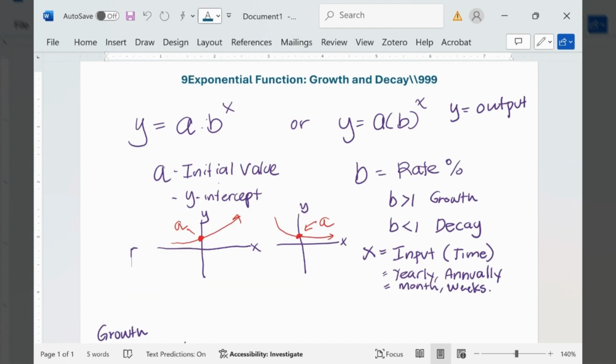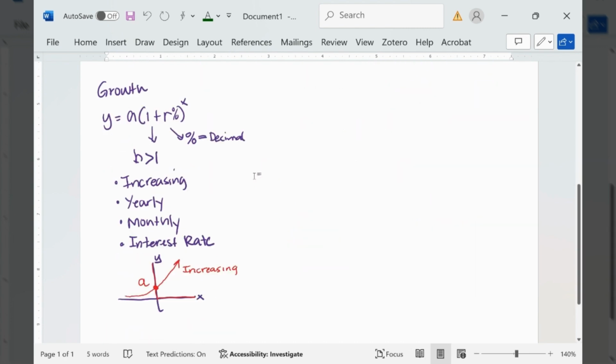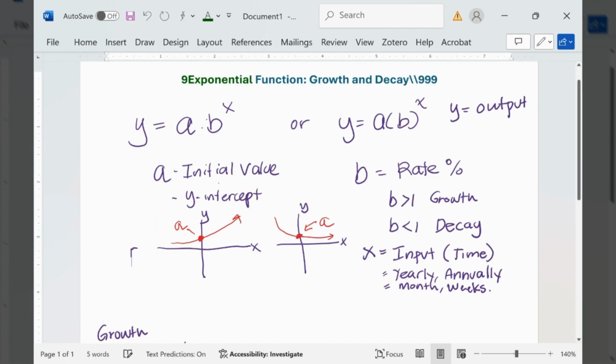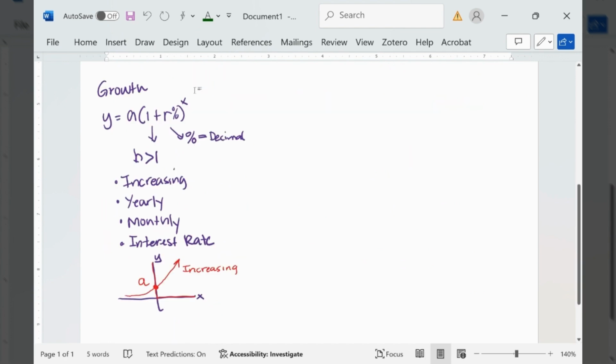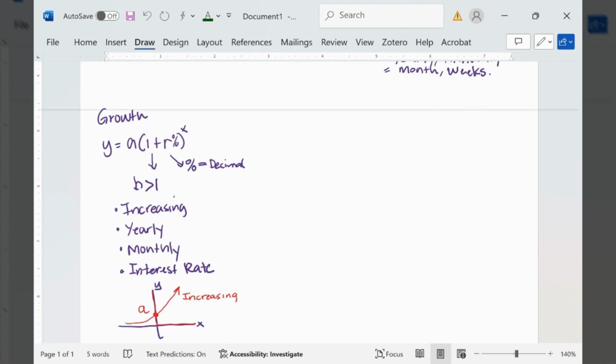Let's change color here. So on decay, I'll use green. Okay.